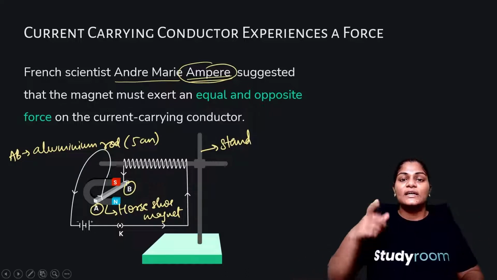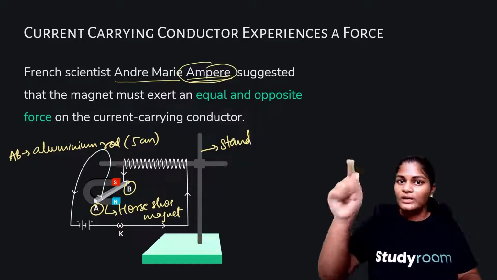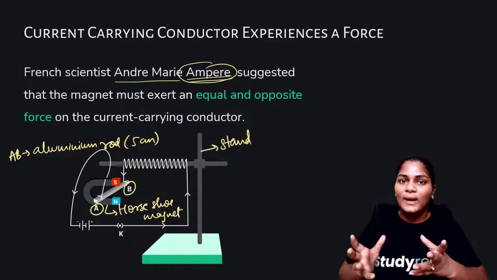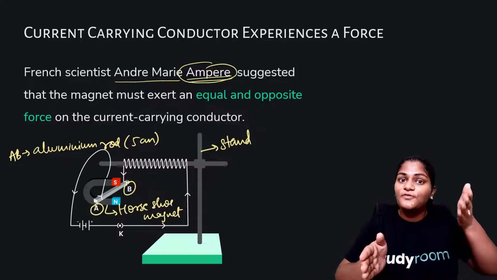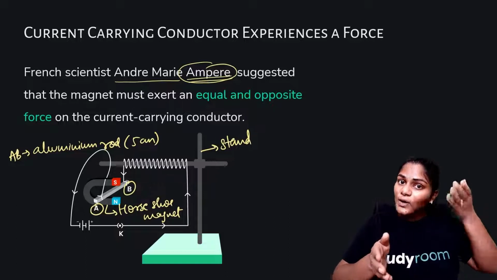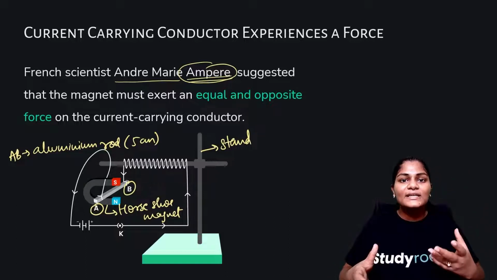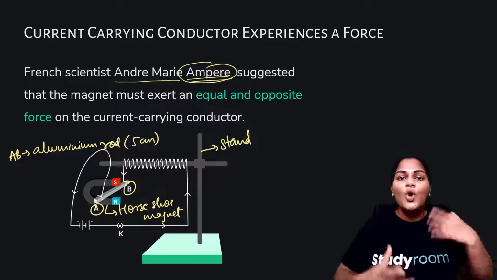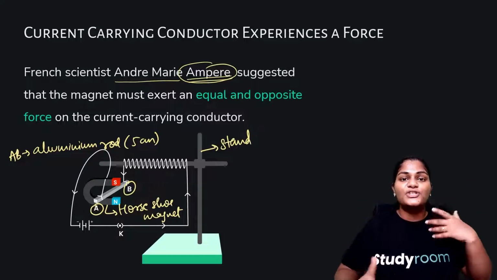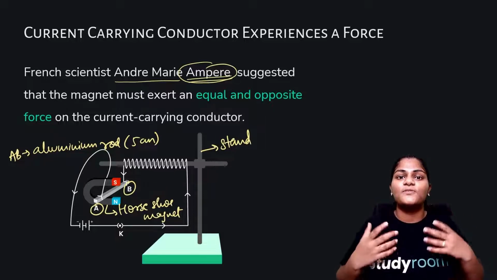This means that this rod AB, when current flows through it, it gives rise to a magnetic field. Obviously, this magnetic field exerts a force on that horseshoe magnet, right? But the horseshoe magnet is pretty heavy, so it does not show as much of the force. It does not show any change. It cannot get displaced because it's very heavy.